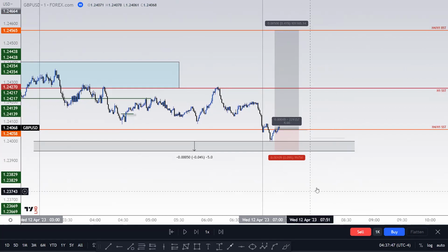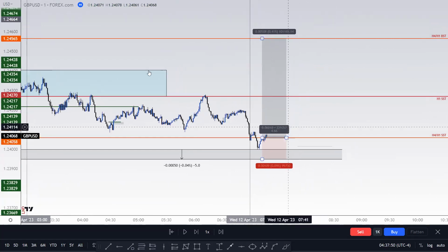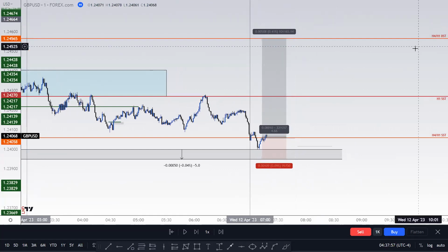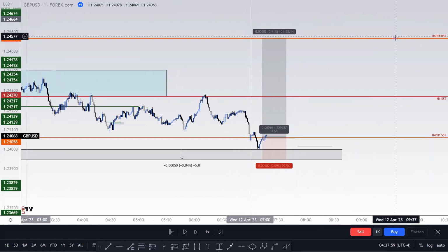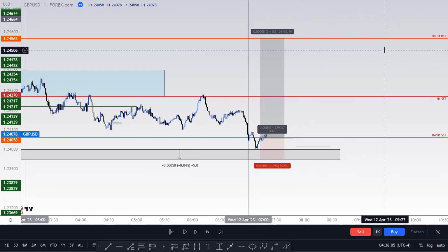So I was ready to have an intraday position if the news delivered the way I'm anticipating. If it didn't, then I was ready to close my trade at around the H4 buy side target. But TP1 was set, TP2 was deleted, because I was anticipating a potential intraday opportunity.